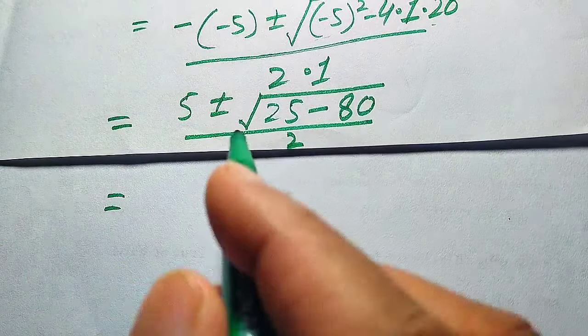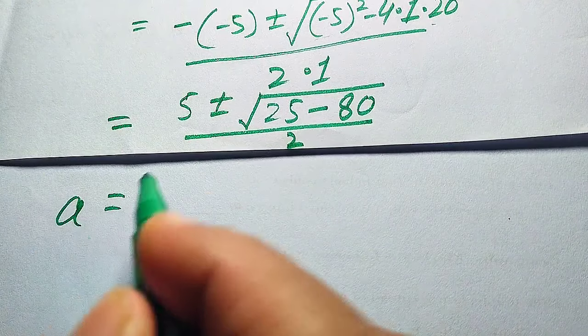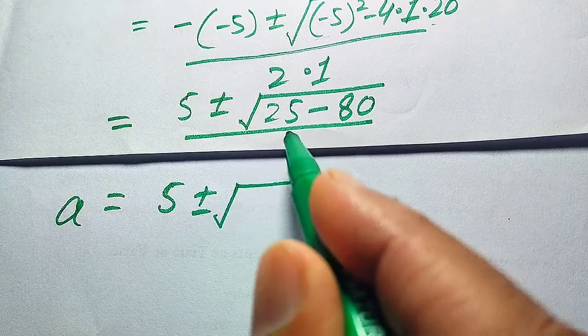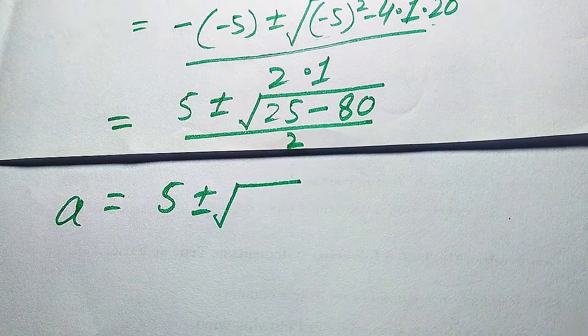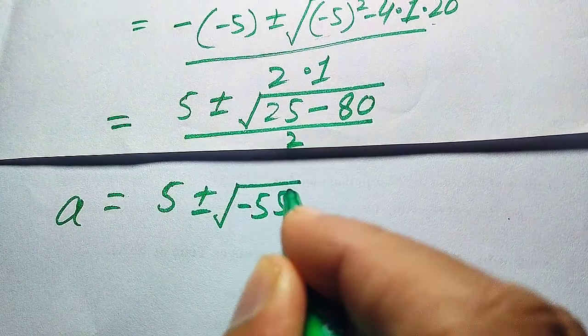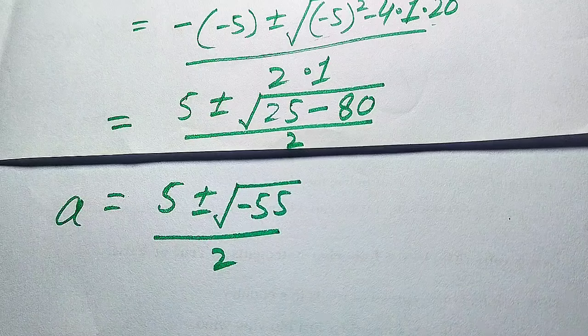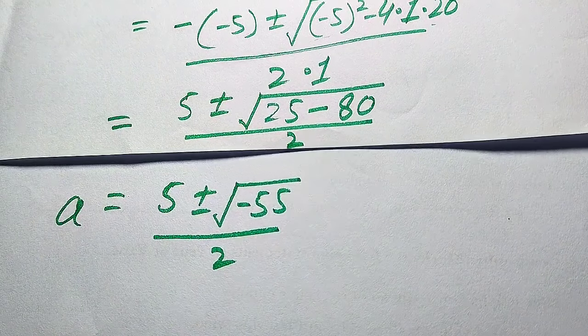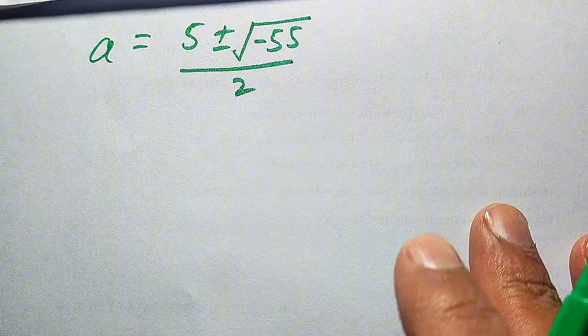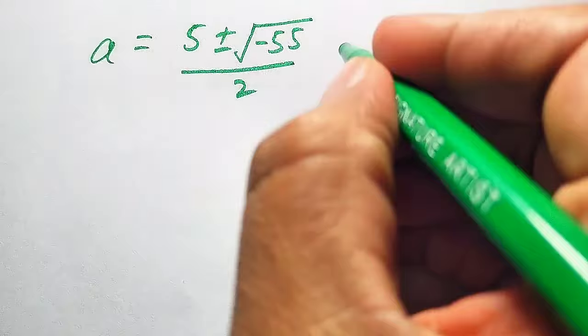And here in the next step we have our a is equal to 5 plus minus square root of 25 minus 80 is equal to, becomes here -55, and it is divided by 2. So here you see that this equation will be right here. You see that the negative sign appears inside the square root sign.